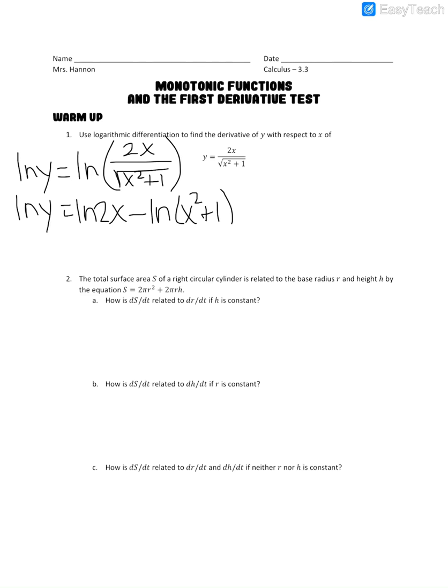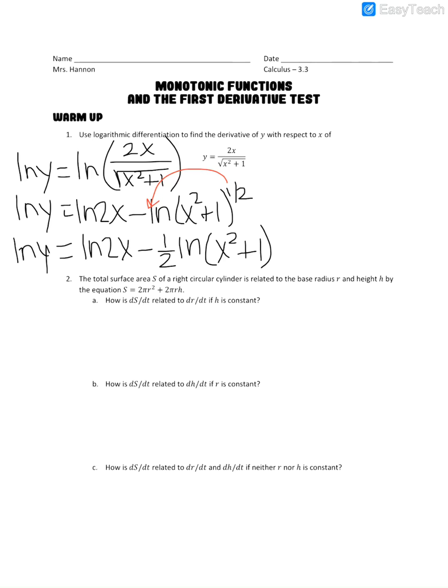Notice I'm rewriting this with the square root as a half. Then I know I can bring this 1/2 down in front. All right, so now I'm going to go ahead and do my derivative.